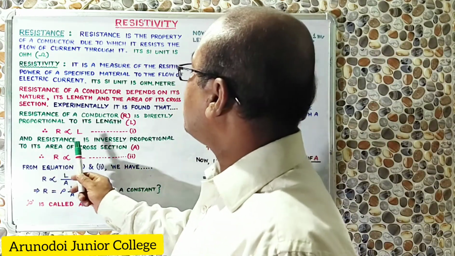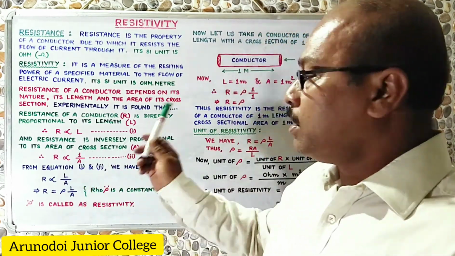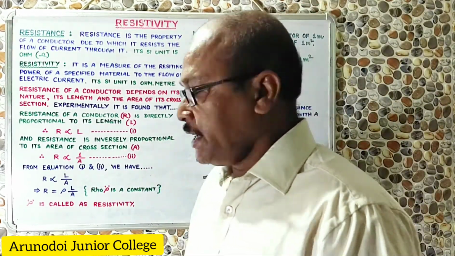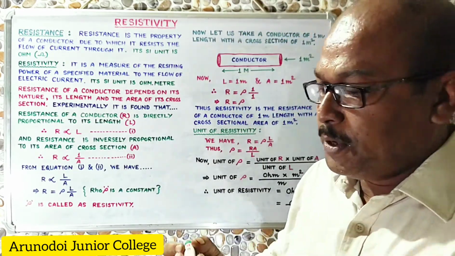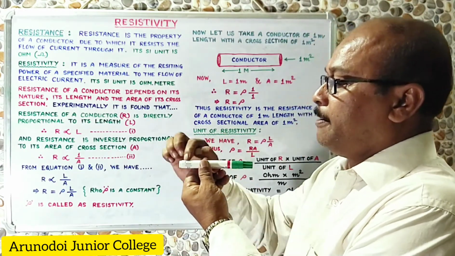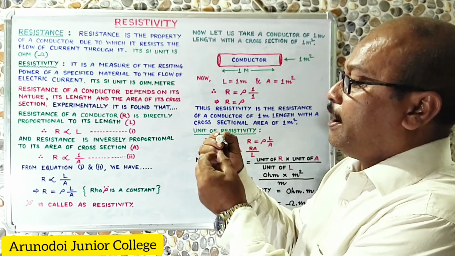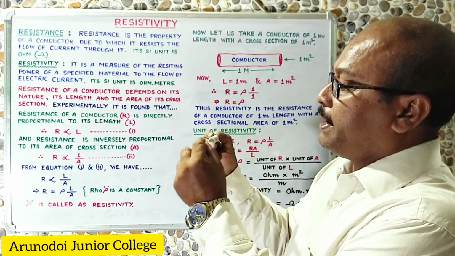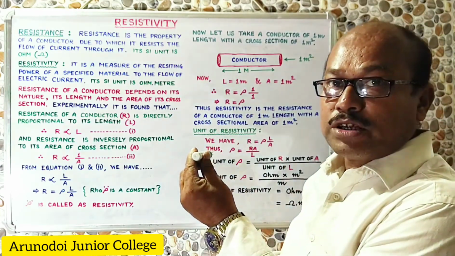Again, resistance is inversely proportional to the area of cross section, which means the thickness. If we assume this is the conductor, then this surface is called the cross-sectional area. This round shape is called the cross section.